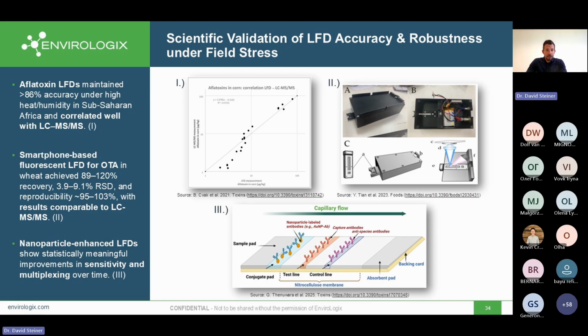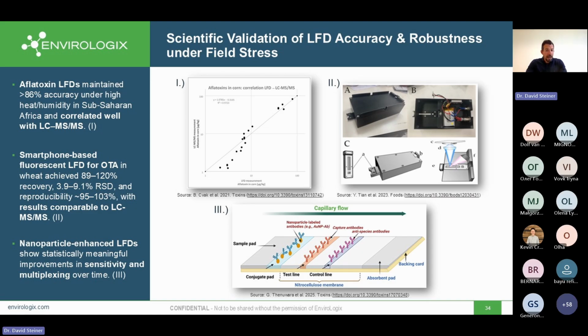And moreover, LFDs with so-called nanoparticles boost the detection sensitivity by strengthening the signal from each bound analyte with, for example, gold or fluorescent nanoparticles, which are commonly conjugated to antibodies. So when the target mycotoxin binds, these nanoparticles accumulate at the test line, producing a stronger optical or fluorescent signal.